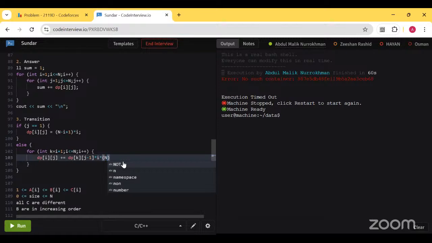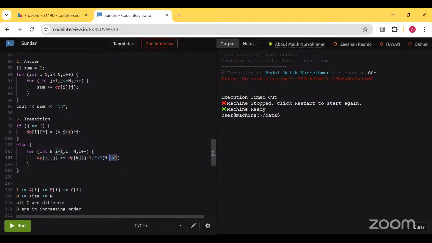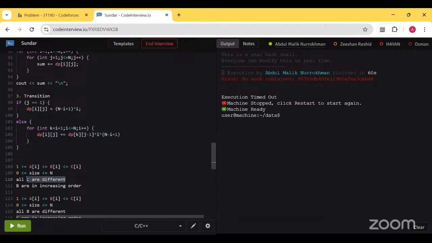Basically it is like this, but since C should be different, and there are already J minus 1 other values, we need to subtract J minus 1.